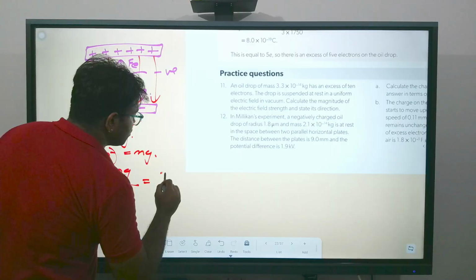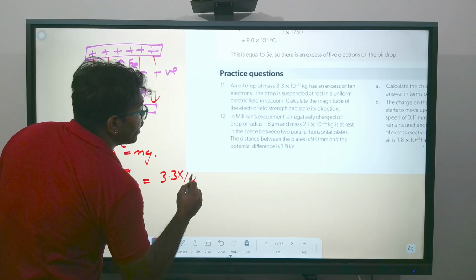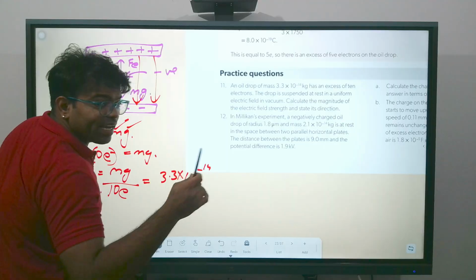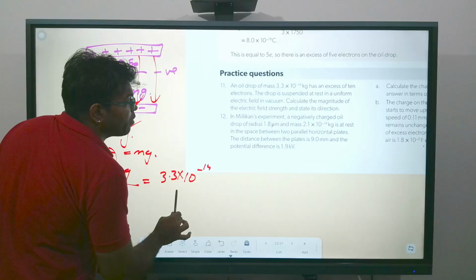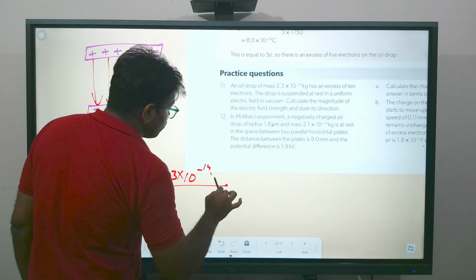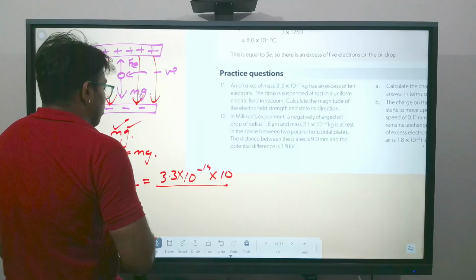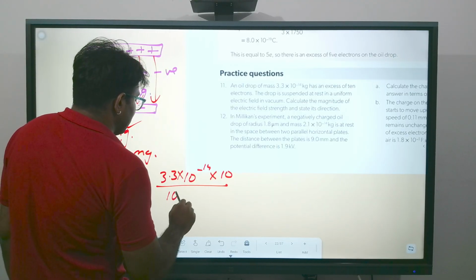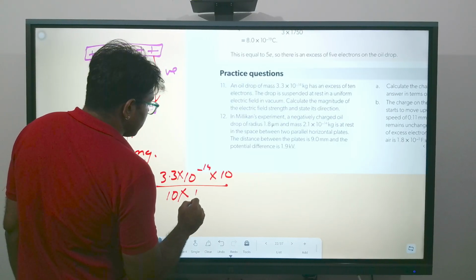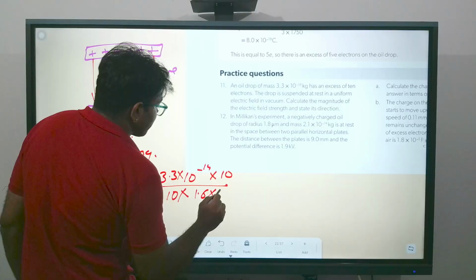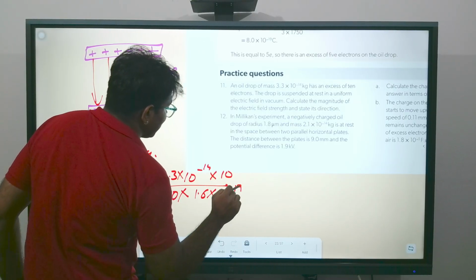Therefore, mg is how much? 3.3 into 10 to the power minus 14. Take the answers out in your phone. 3.3 into 10 to the power minus 14 into, let's call it 10, upon 10 into 1.6 into 10 to the power minus 19.